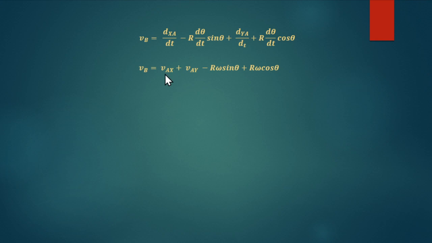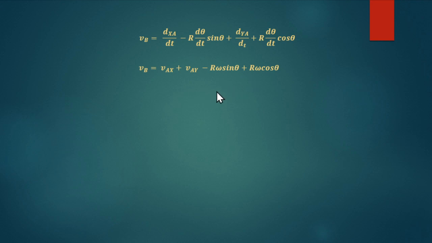The equivalent of dXA over dt is Vax, and dYA over dt is Vay. This d theta over dt can be written as omega, which is the rotational motion. So we have negative R omega sine theta plus R omega cosine theta.